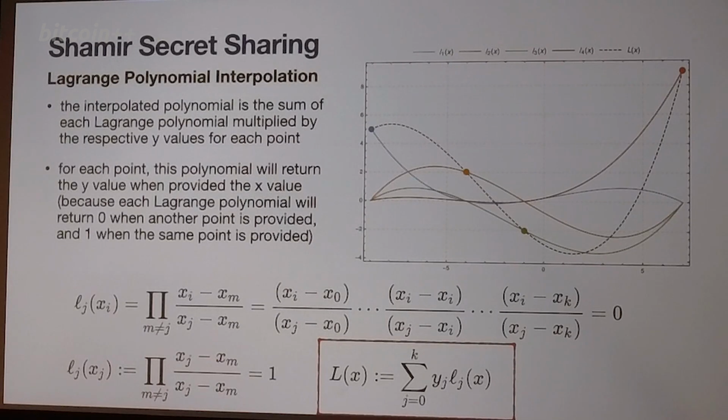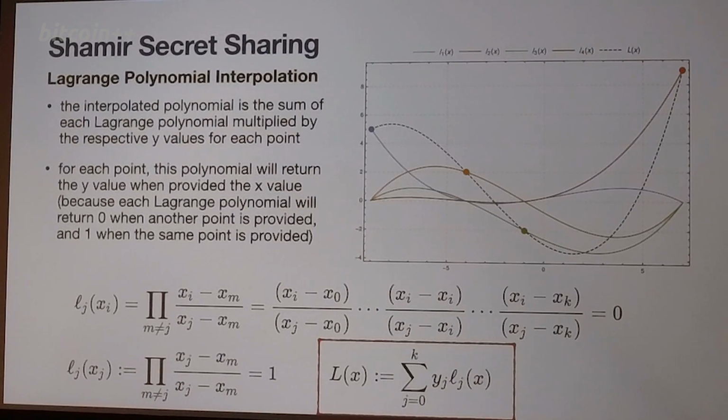Actually, before we get to the example, the last point here is how do we get our interpolated polynomial? We take the Lagrange function for each point, multiply it by the y value for that point, and then sum those together.